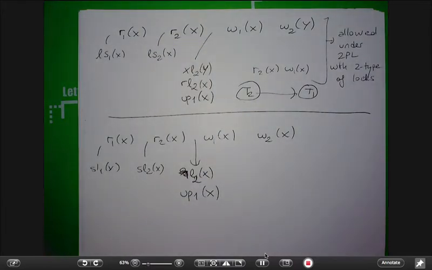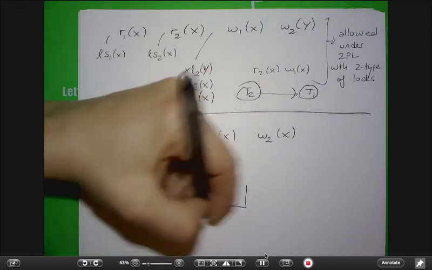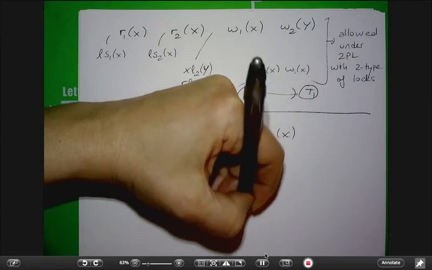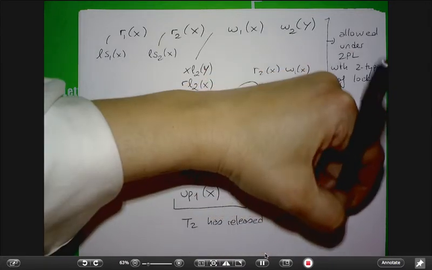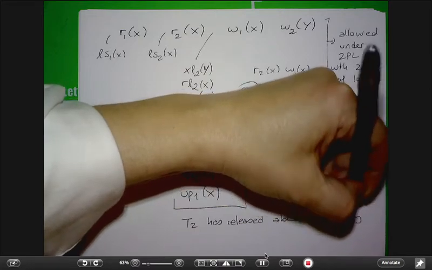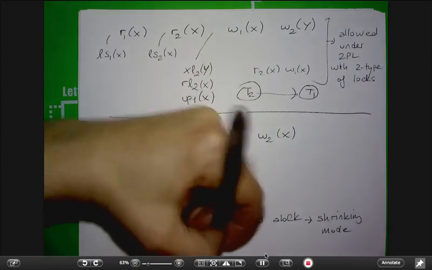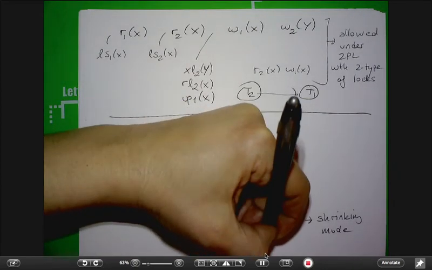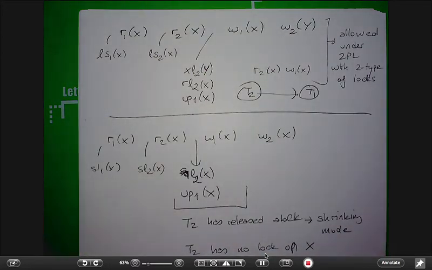So at this point, for sure, what I know is that T2 has released the lock. So it's in shrinking mode. And T2 has no lock on X. Okay? So T2 has no lock on X because for sure it has released it. And it is in shrinking mode.